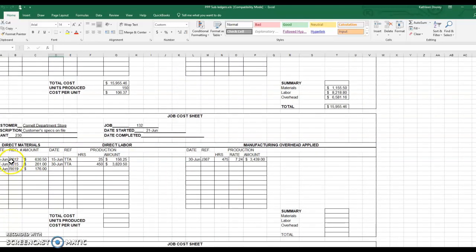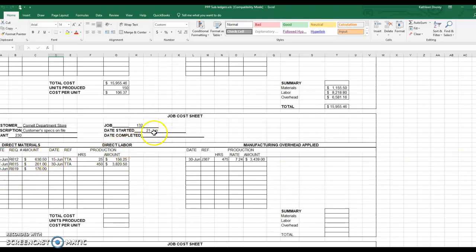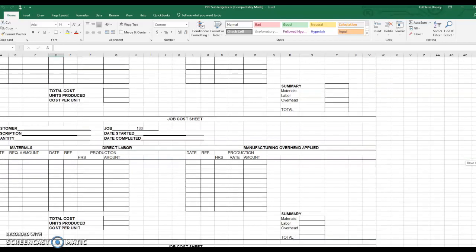Here's requisition 612 on job 132 on June the 5th, $630.50 of lumber that got added in there. This was a job that didn't start until June, so there is no beginning balance.